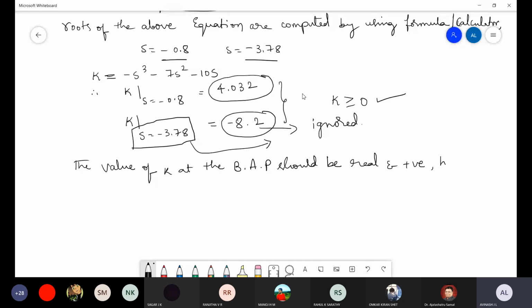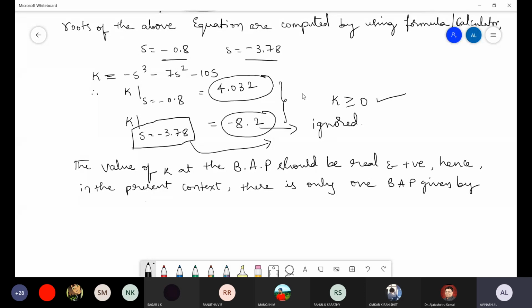So hence in the present problem, there is only one breakaway point, given by s equal to minus 0.8.